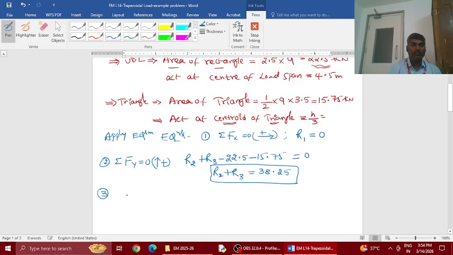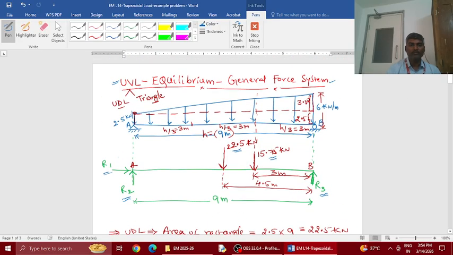Then we have the third equation, sum of moments is equal to 0. So pick one point as the moment center. I pick A. Pick a direction. I pick clockwise positive. Whichever you like, you can pick anti-clockwise or clockwise. So writing moments, I pick this as the moment center.